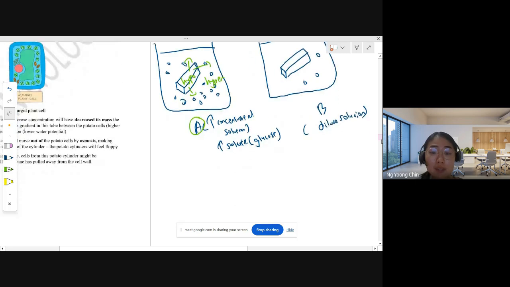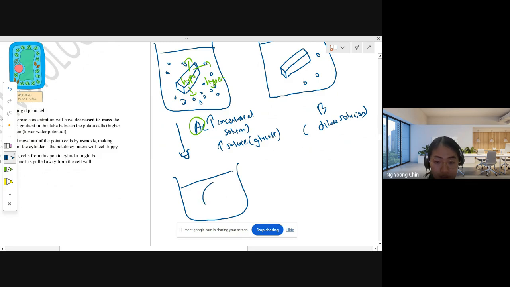So at the end, the potato strip will look this way. Maybe after 1 hour, the potato strip will be shrinking like this.